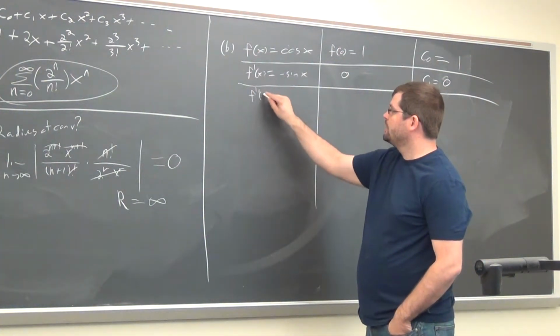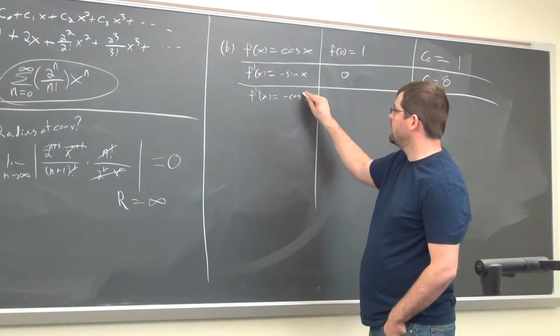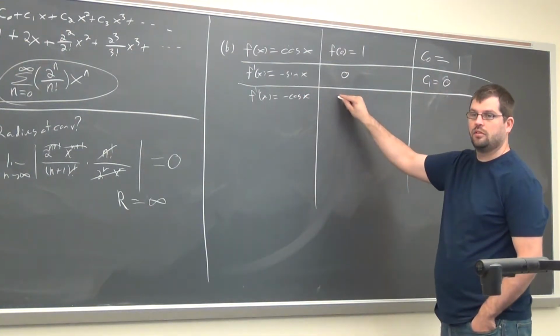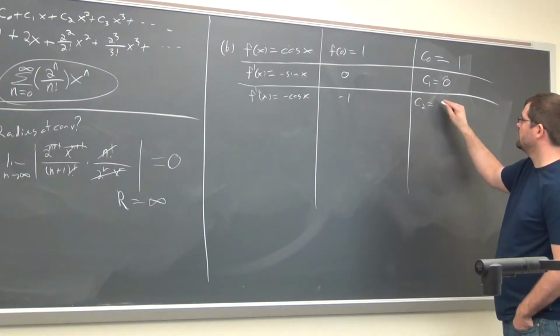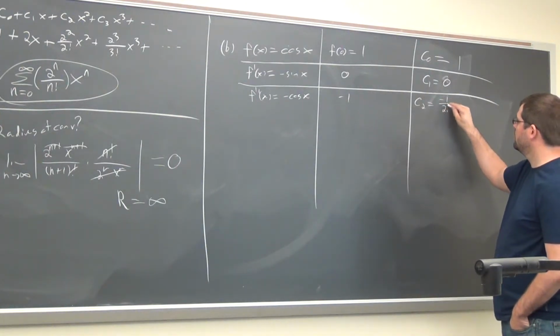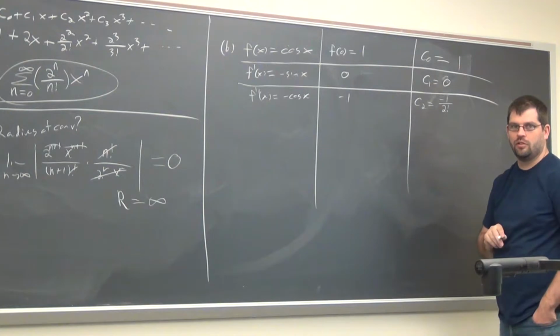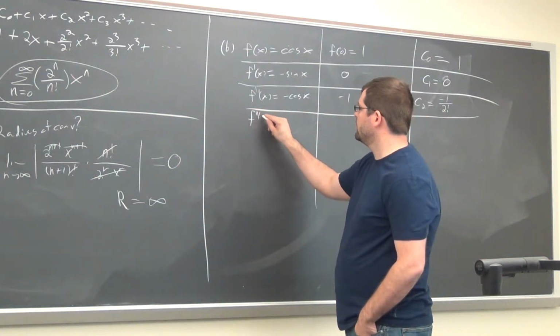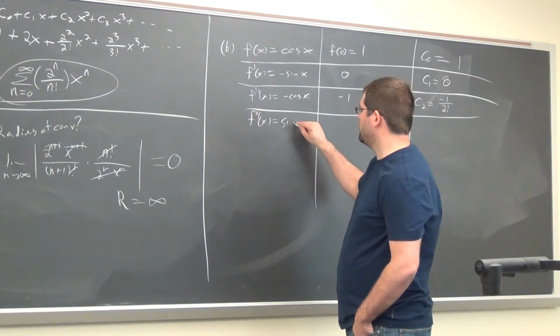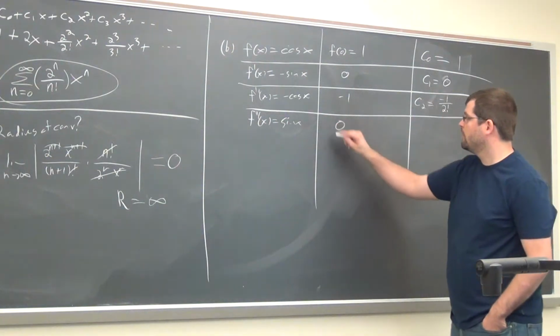Second derivative is negative cosine, so I get negative 1, right? And then your c sub 2 is negative 1 over 2 factorial. And then keep working our way down. Third derivative is back to positive sine, which is 0.